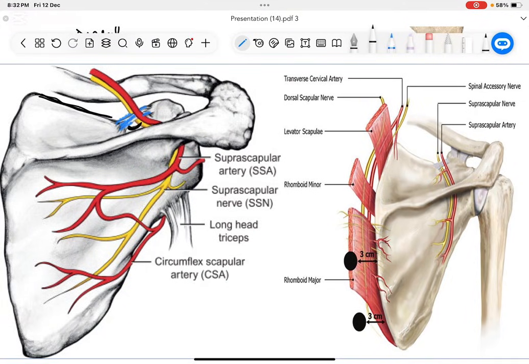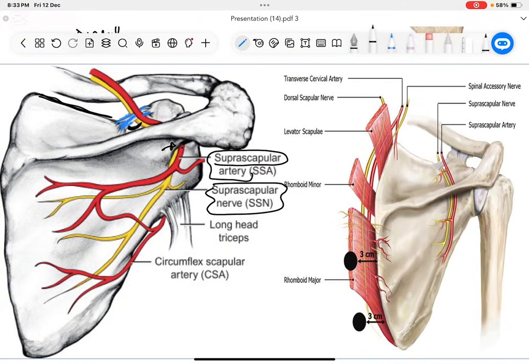One is the suprascapular artery, and the other is the suprascapular nerve. The nerve comes under the tunnel and the artery comes above the tunnel. So, they are related to the suprascapular notch, and later they come along with the spinoglenoidal notch also.